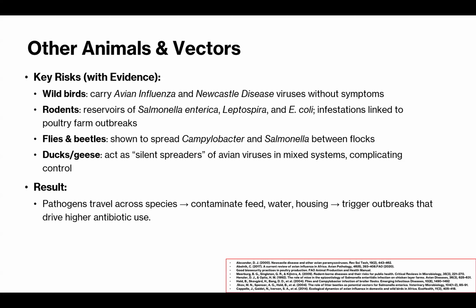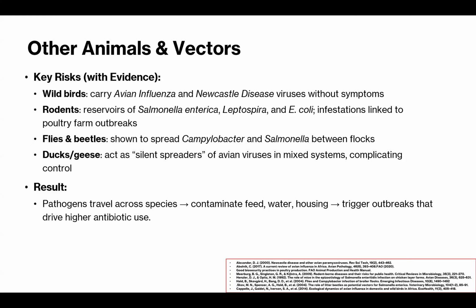We do know well that most farmers operate in mixed production systems, and there are various reasons as to why they do so. And these complicate disease control measures, especially in the context where there are no biosecurity measures.